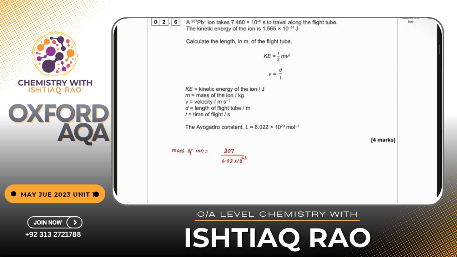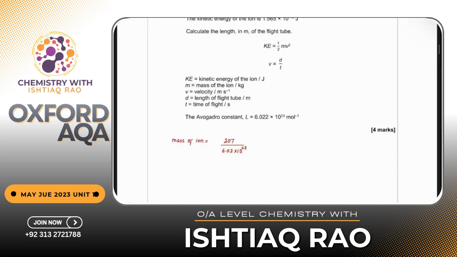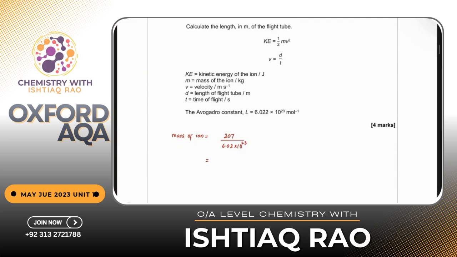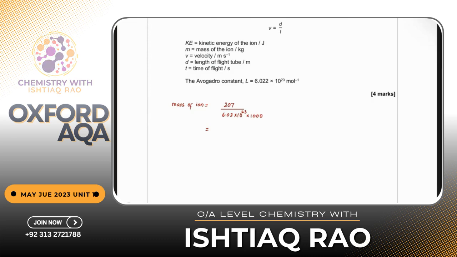They are asking for the mass of the ion in kg, but the answer would come in grams, so I have to divide by 1000 because I'm going from grams to kilograms. So 207 over 6.02 times 10 to the power 23, divided by 1000. The answer is 3.44 times 10 to the power minus 19 kg.